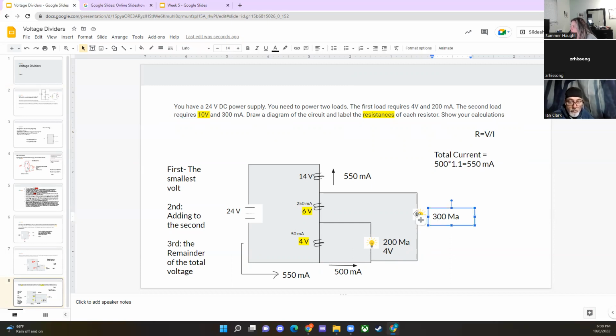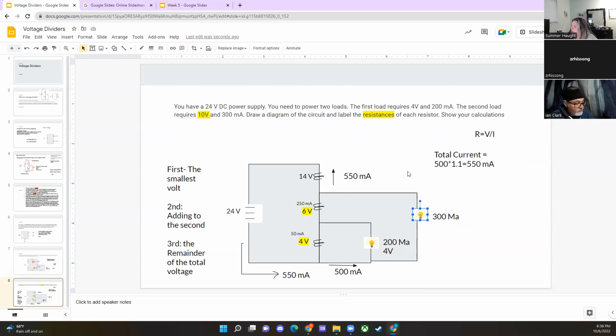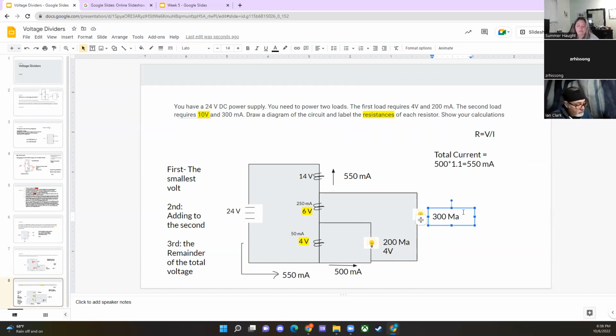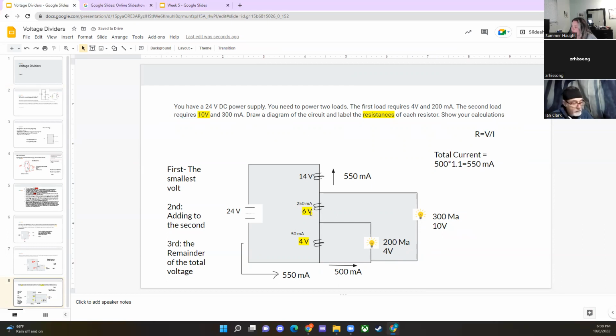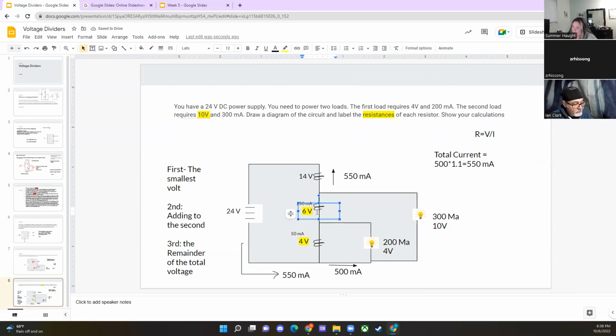We were also given that the second load is 300 mA and 10 volts. This is where a lot of people make the mistake: they put 10 here. But even though this 10 volts is parallel, you have to consider that we have this 4 here too.